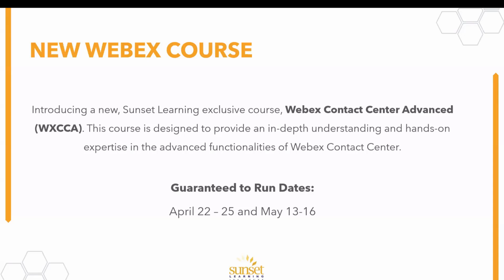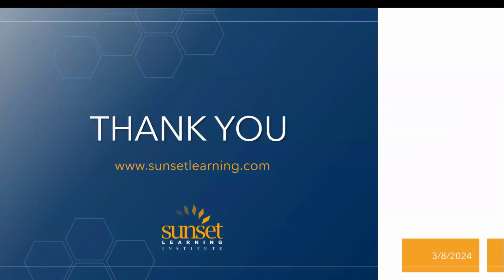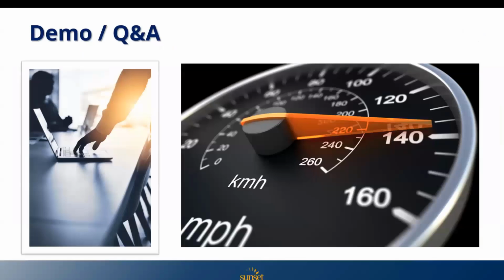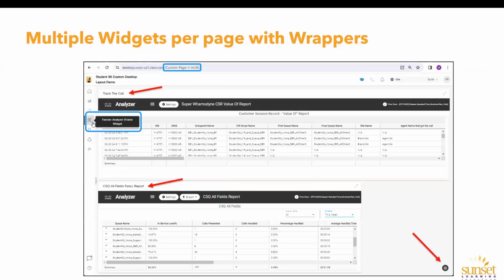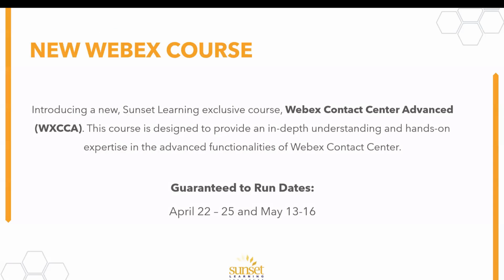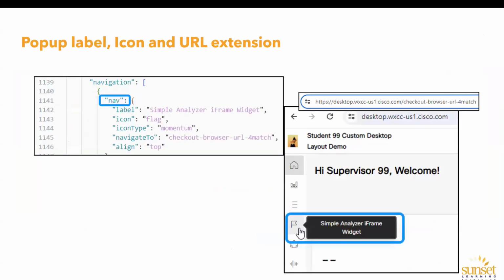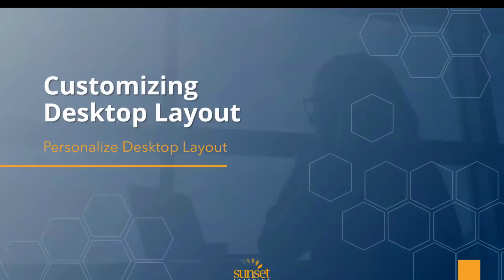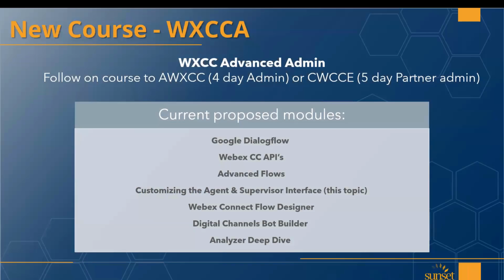Here's our next poll. The next poll that we're pointing out here actually goes hand in hand with the information that we're proposing coming up in this new course, which if I go back to the beginning of the slide presentation, talk a little bit more about what we're proposing to be included in this new course.